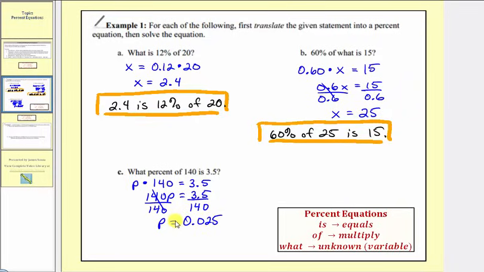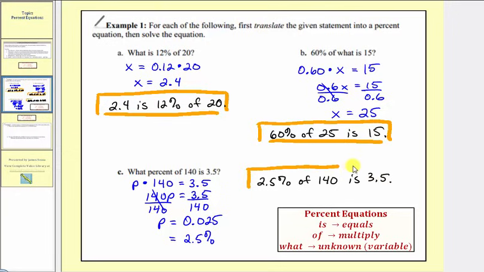To convert to a percent, move the decimal point to the right 2 places and add a percent sign, so the percent is 2.5%. So we found that 2.5% of 140 is 3.5.